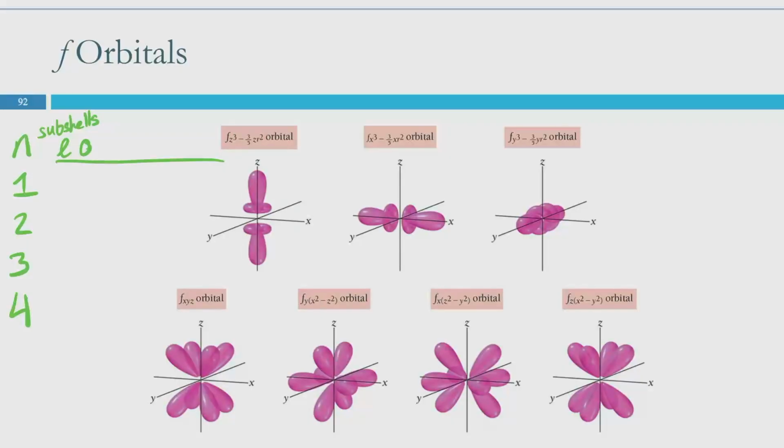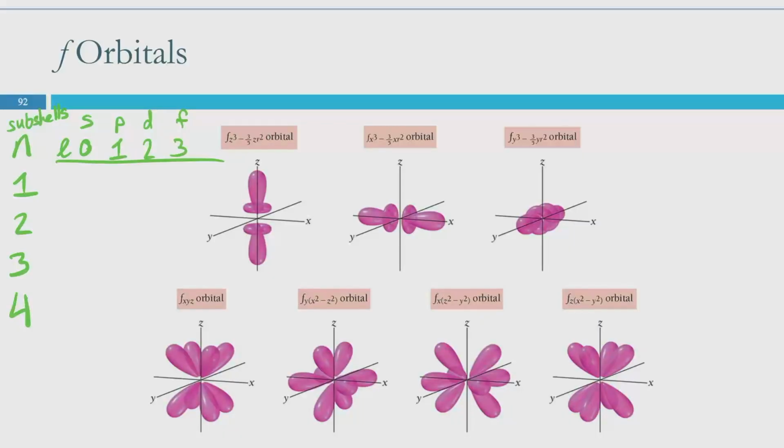L equals 0 is what letter? What letter goes along with L equals 0? S, P, D, or F? S. We can also have 1, which is P. We can have 2, which is D. We can have 3, which is F.